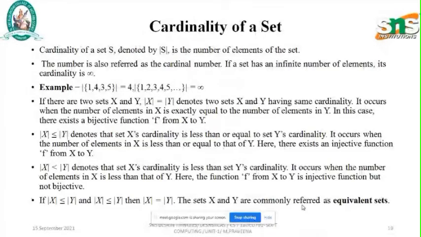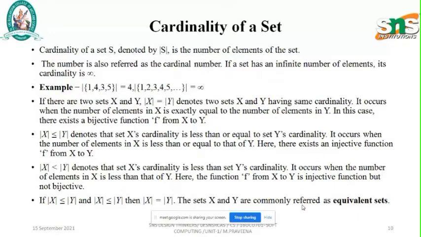Next, let us see about the cardinality of a set. The cardinality of a set S, denoted by |S|, is the number of elements in the set. For example, in the English vowels we have seen a, e, i, o, u, so the cardinality of the set is 5.